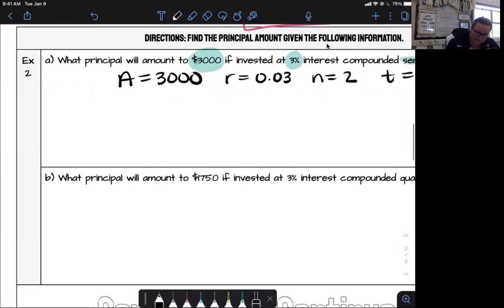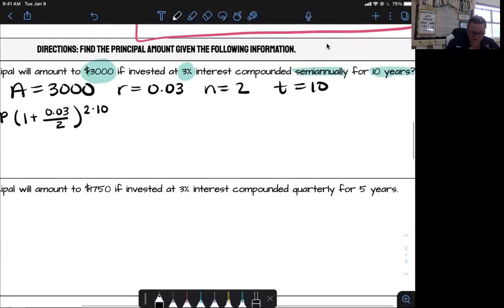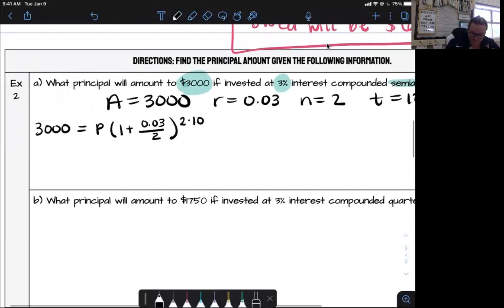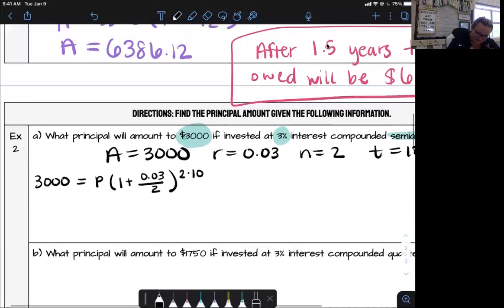Our equation is going to look like 3,000 is equal to P, we don't know what that principal was, times 1 plus 0.03 divided by 2 to the 2 times 10 power. Yeah, T was 10. All I did was take our equation, A equals P times 1 plus R over N to the N times T power, and plug in what I know. I know A, I know R, N, and T.